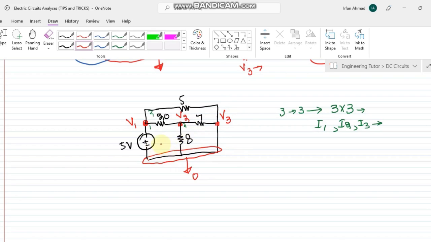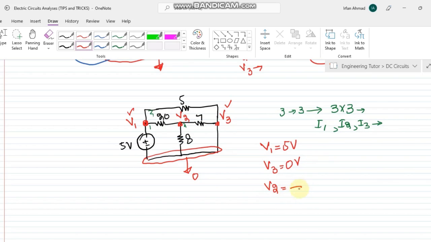In solving this circuit, we can very easily see that the voltages at these two nodes are already given. The value of V1 is 5 volts. Similarly, V3 is short circuited with the reference node, so the value of V3 is 0 volts. Here we just have to find the value of V2 by using the equation which we will form in terms of all the currents.